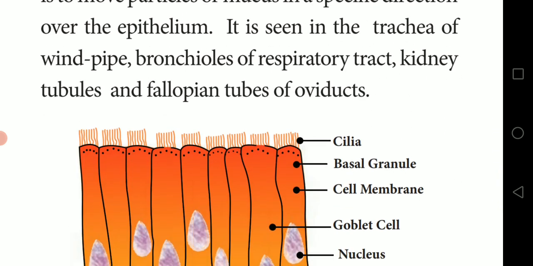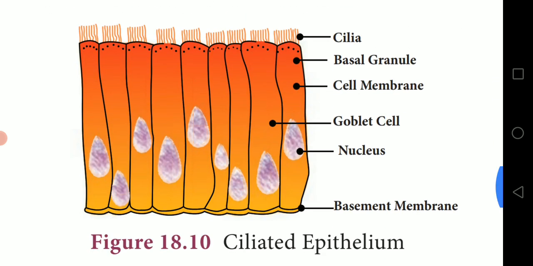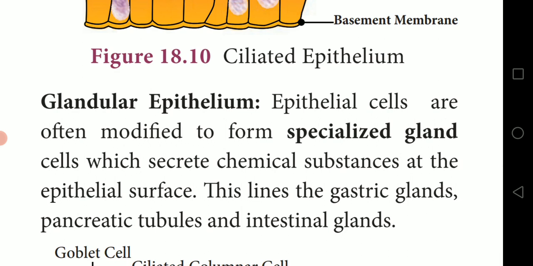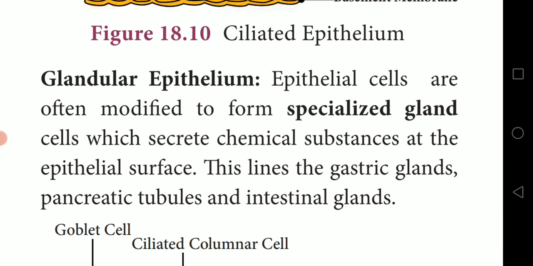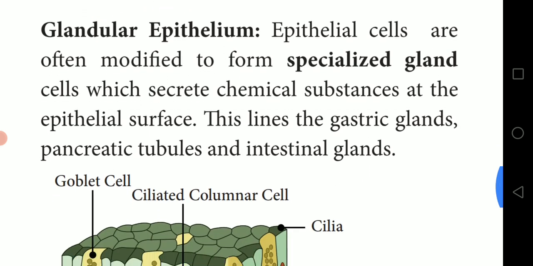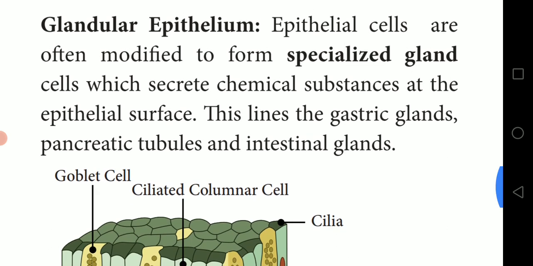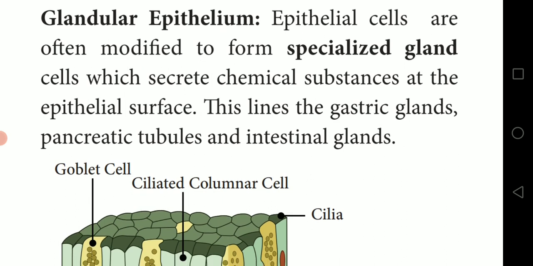The last tissue of simple epithelium is glandular epithelium. Epithelial cells are often modified, meaning changed, to form specialized gland cells which secrete chemical substances at the epithelial surface.